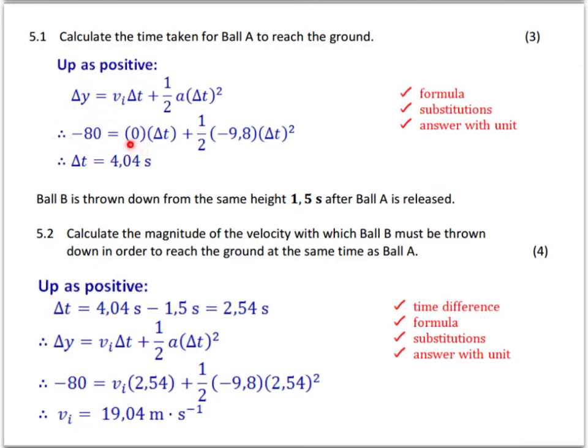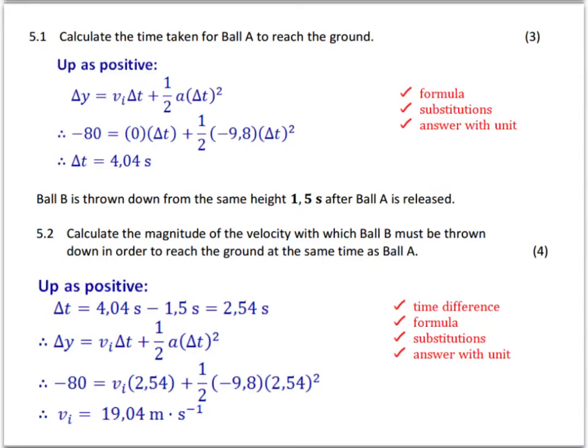You would have found that you still got to 4.4, but only by taking the square root of a negative number, and you basically ignored the fact that it was negative and you just took the square root anyway. That should have been your first clue that you'd made a mistake. Negative 9.8 needs to be matched up with negative 80 in this question.